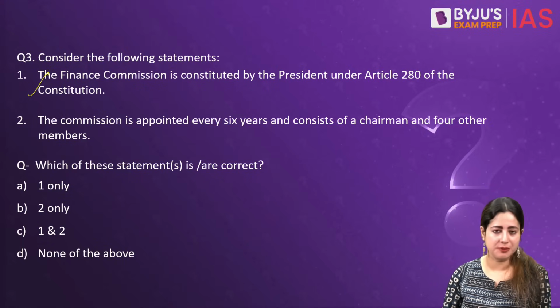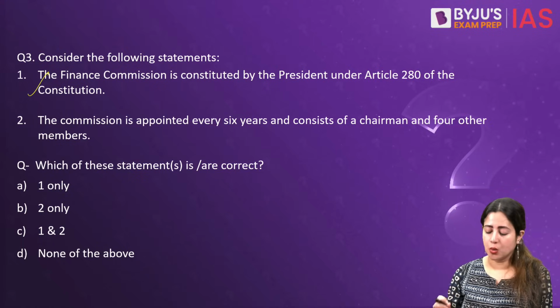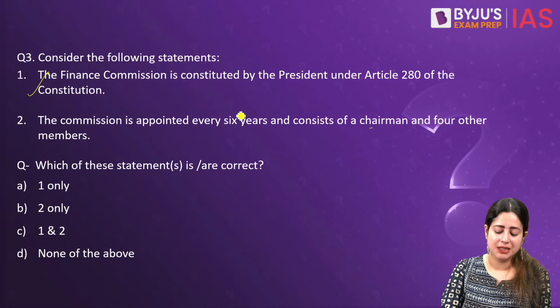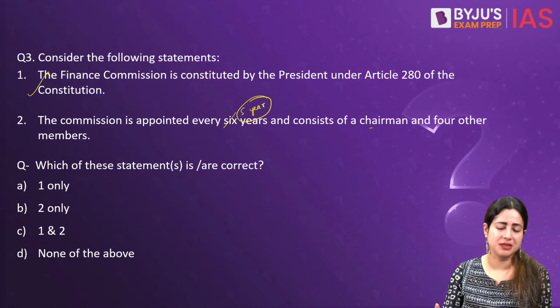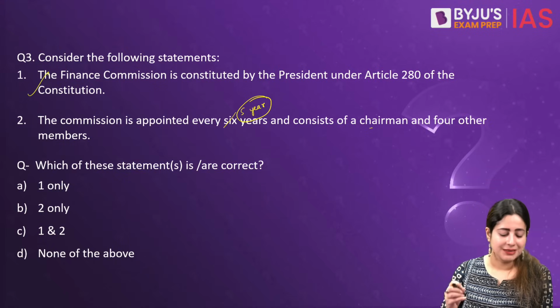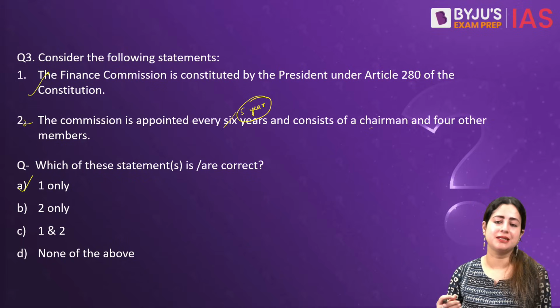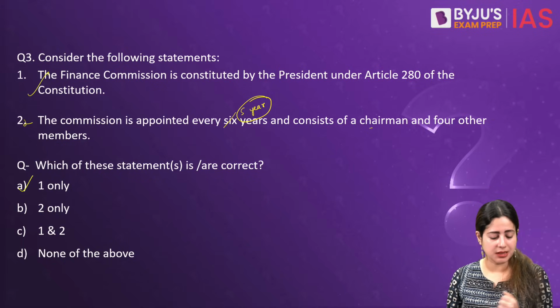Once again confusing because half of the statement is valid. Indeed, it is composed of 1 chairman and 4 other members, but it is not appointed every 6 years. In fact, it's appointed every 5 years or as the president may deem it fit to. So therefore, the second statement becomes incorrect. A, that's only the first statement here is valid, making A the correct answer.